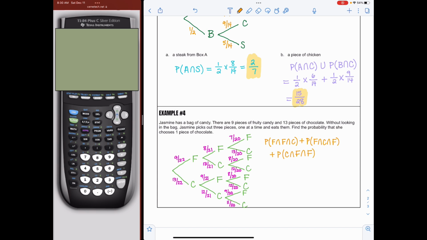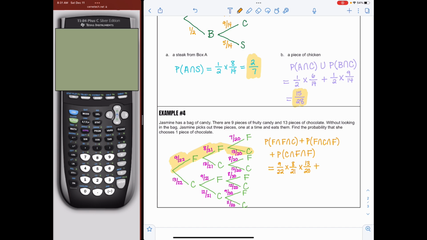Okay? So when I do that, I'm going to start off with the first one, that she's going to pick 2 fruities and a chocolate. So I'm looking at my fruity, 2 fruities, and then a chocolate here. So that is going to be 9 over 22 times 8 over 21 times 13 over 20.